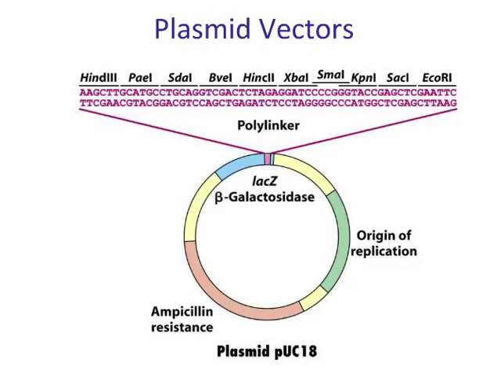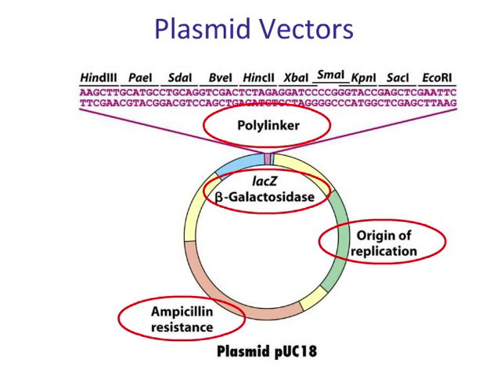Plasmid vectors are double-stranded circular DNA molecules capable of autonomously replicating in a host bacterial cell. Here's a diagram of a prototypical plasmid vector known as pUC18. Plasmid vectors will have an origin of replication, which allows it to be autonomously replicated in the host bacterial cell.